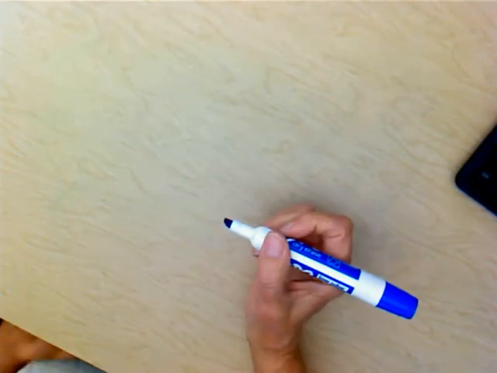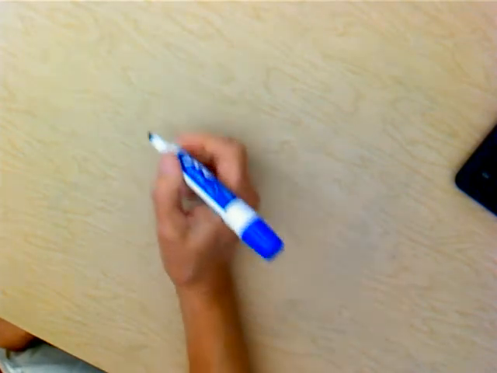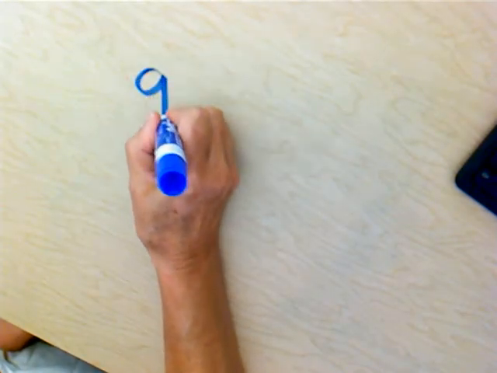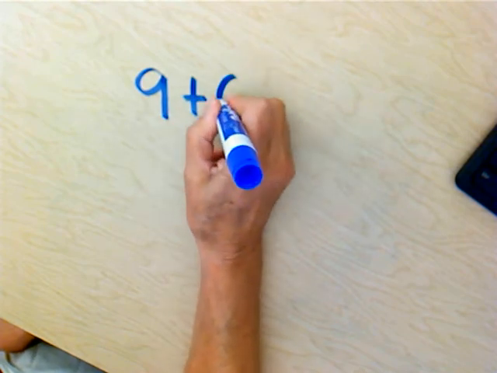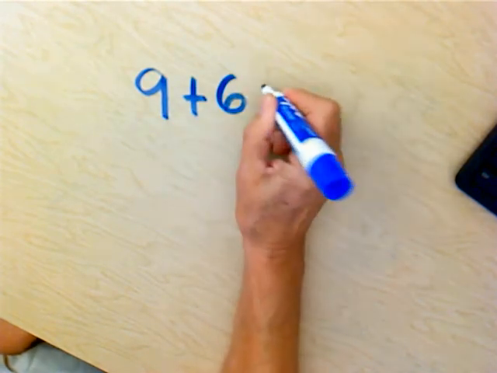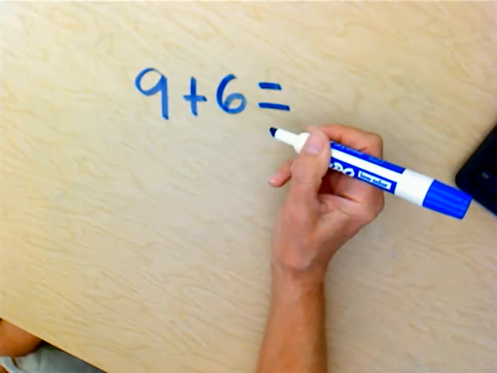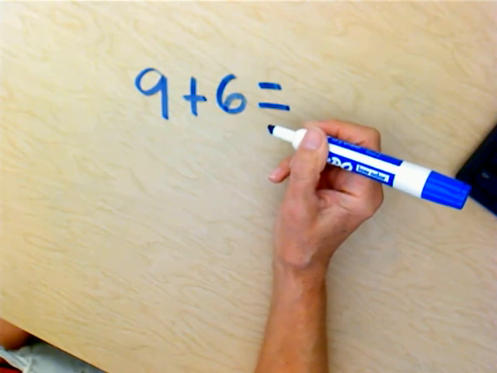All right, so let's take a look at the next concept that we're going to be working on today. This is called take out 1. So I'm going to start with 9 plus 6, and we're going to try and figure out 9 plus 6.